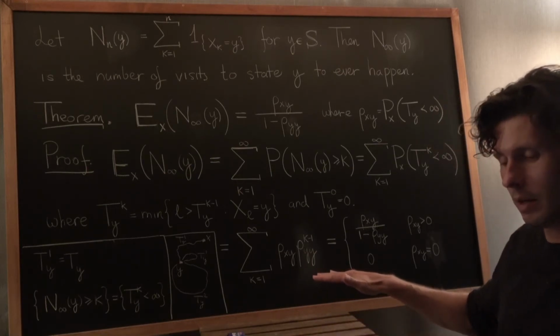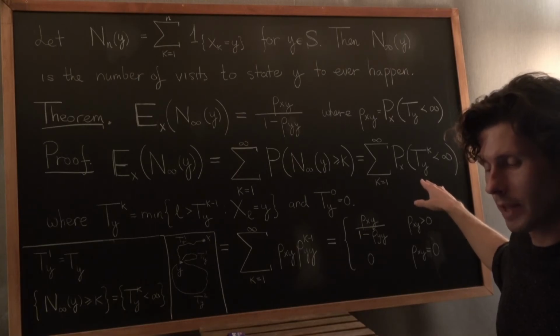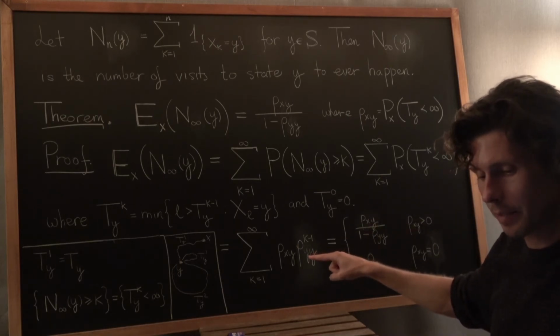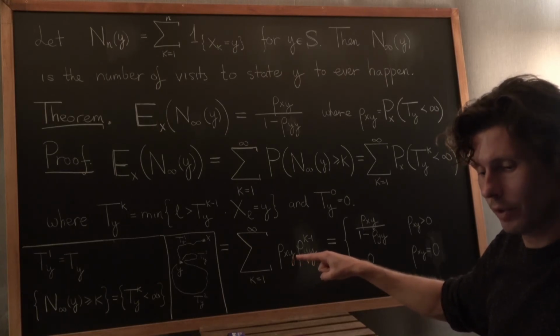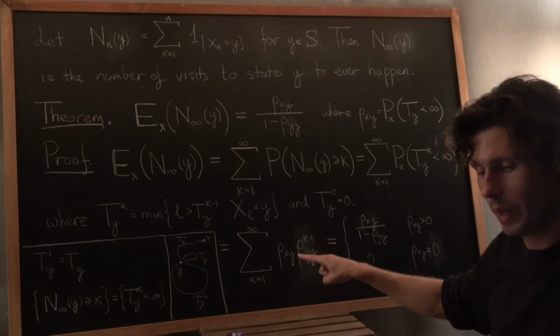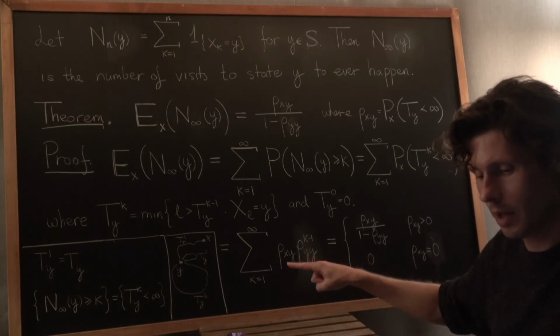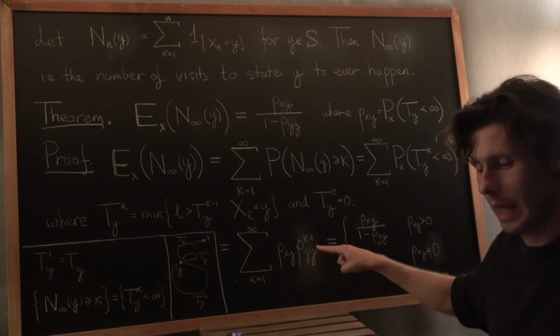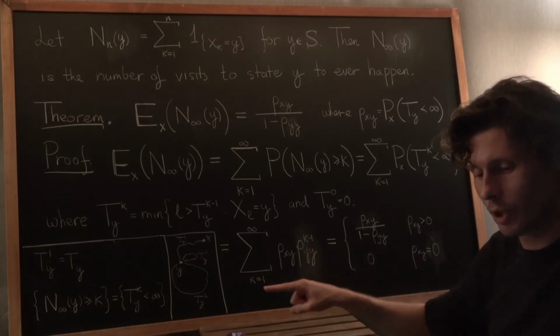But back here, if this is the probability that we visit y k times in a finite amount of time, then here we're dissecting the trip in the only way that it could have happened. From x, we had to reach y to get one count of 1, right? And then we had to make k minus 1 further return trips to accumulate k total visits. So this part accounted for 1 visit, and this part is a product of k minus 1 independent return trips, right?